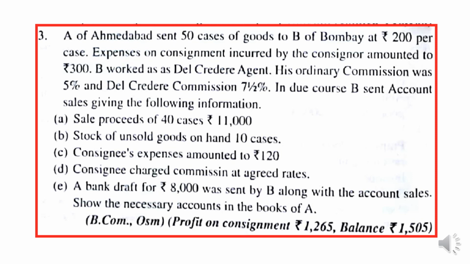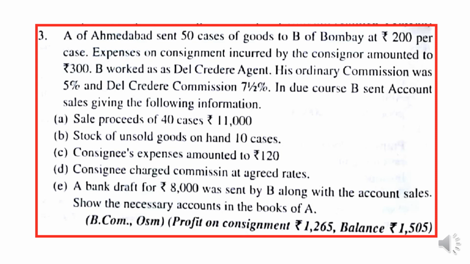See, the consignor is sitting in a different place, and the consignee is doing the sales activity on behalf of the consignor. Therefore, the consignee knows the current market people very well and he will sell goods on credit basis. Why does he sell goods on credit basis? Because when goods are sold on credit, then only the movement of goods will take place.